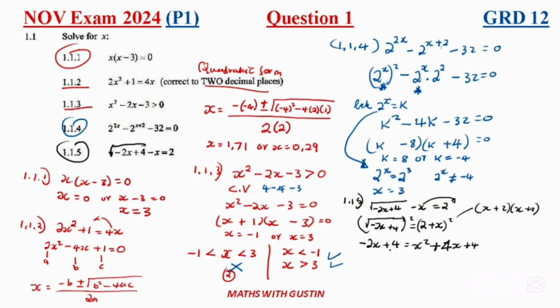So therefore, in this case, you take everything to the right hand side, so x squared will remain as x squared. Then if you take this negative 2x to that side, it's going to be plus 2x, which is going to give us 6x, and then now you're going to be left with this 4. When it goes that side, it's going to be negative 4, which is going to be equal to 0, because this one goes that side as negative, and then it's minus this 4 that is sitting here.